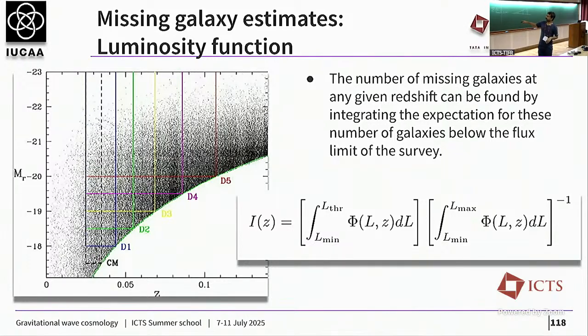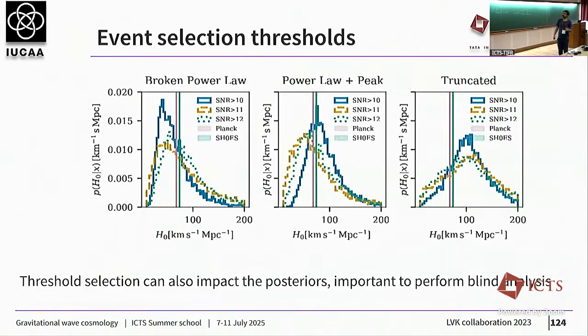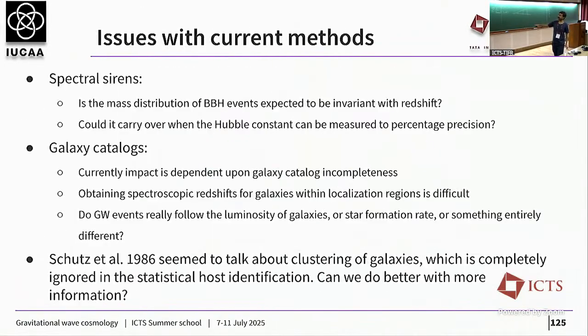Because whether you integrate from L-min to here or L-min to infinity, the galaxies beyond will be very few in number, right? And so if that is the case, then the probability that the host galaxy of the gravitational wave exists in your catalog is basically zero. Okay? And if it is zero, then you are back to the spectral siren run and again the problems of the spectral siren method, right? And so there are real issues that you have to worry about.